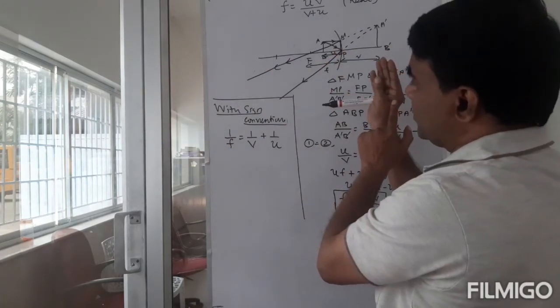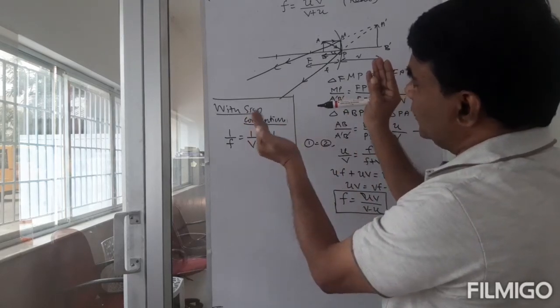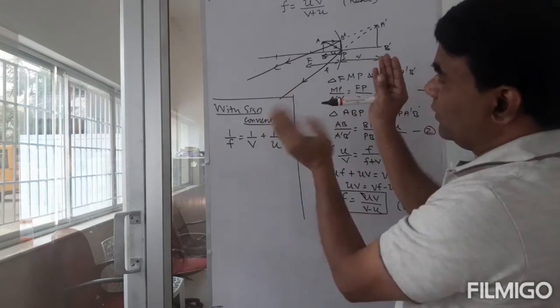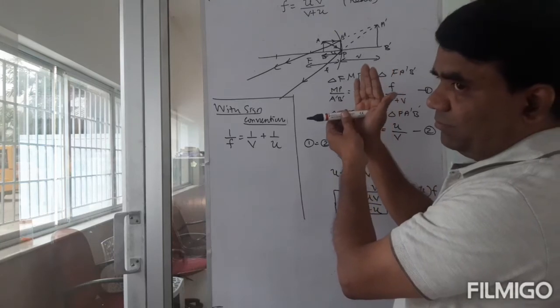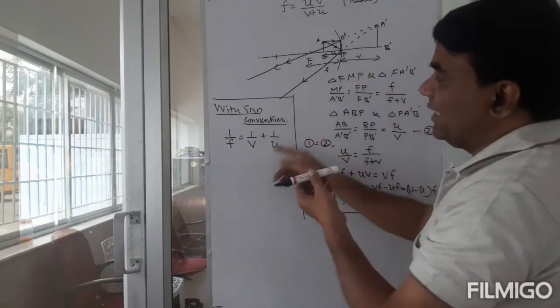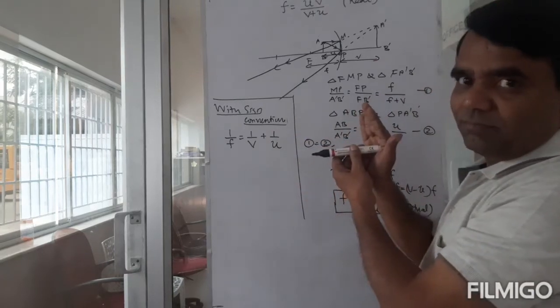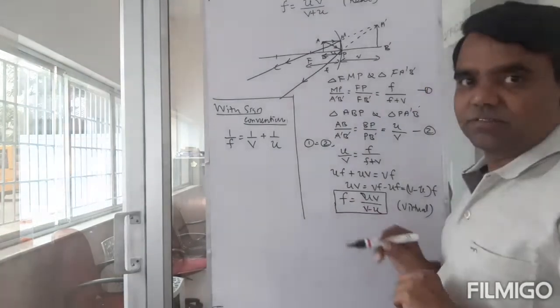But then I always measure focal point from the pole in the opposite direction. So my focal length for the concave mirror will always be negative. And if I use a sign convention, I will get a negative value for any kind of configuration. So it doesn't matter.